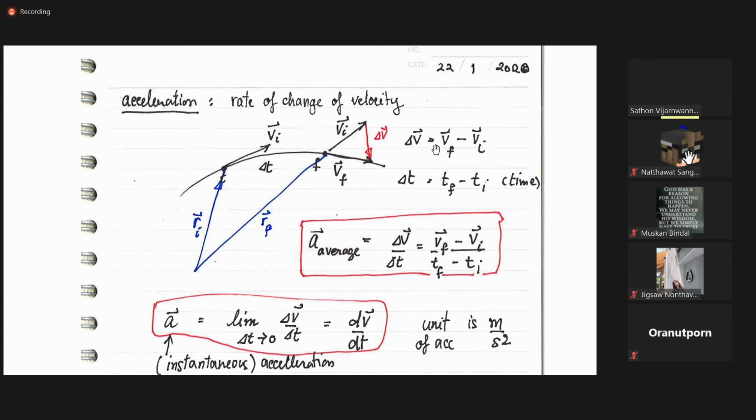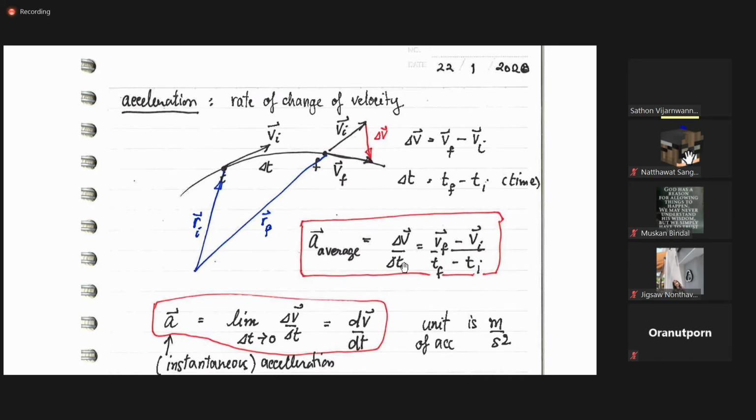Delta V is actually Vf minus Vi, and delta t is the time between the two points. So within Tf minus Ti, within delta t, the object changed its velocity by delta V. So by definition, the average acceleration is the rate of change in velocity over the time.